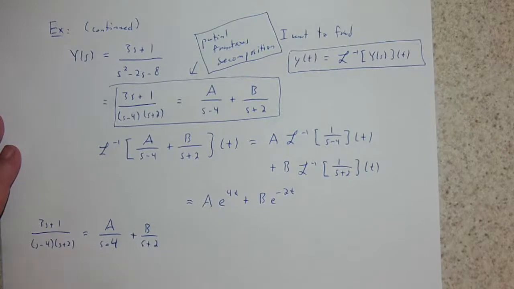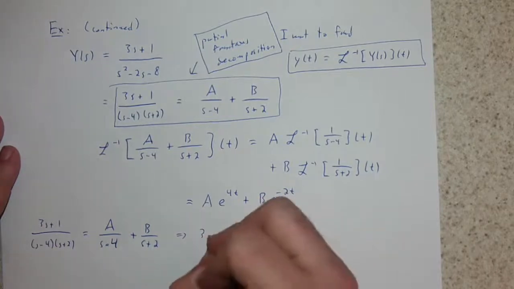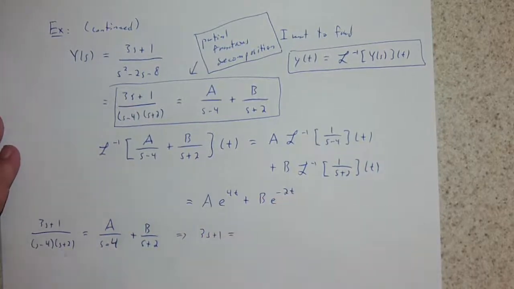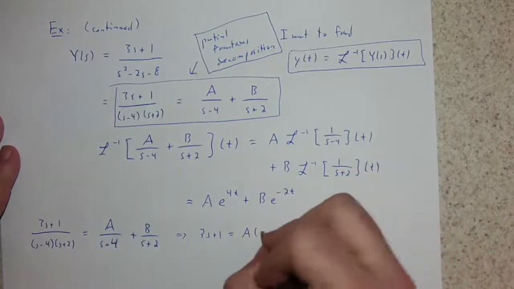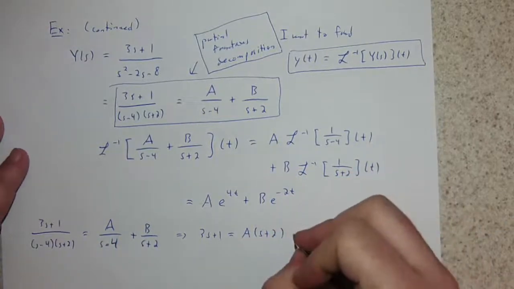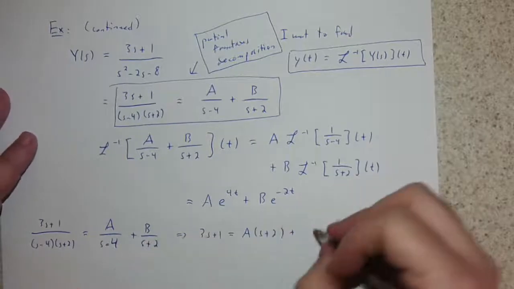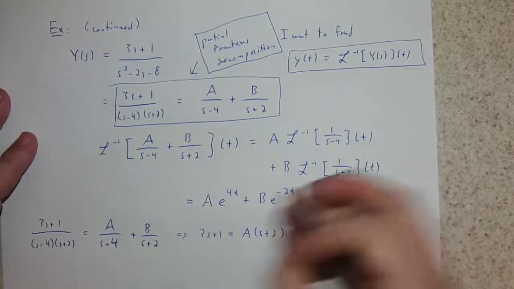If I clear denominators, so if I multiply both sides by (s minus 4)(s plus 2), I get 3s plus 1 is equal to a times (s plus 2) plus b times (s minus 4).